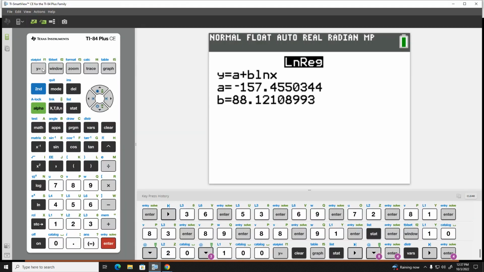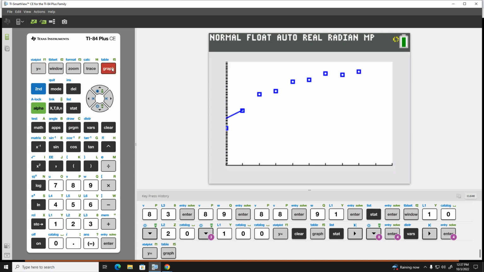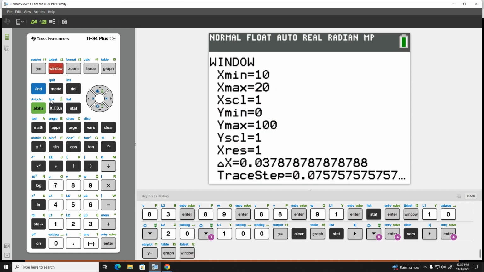I did store that on my calculator, so you see that in the y equals with all of its decimals, and I'll hit graph. I find that it doesn't fit overly well. Although it's concave down, it's just not perfect. I'm going to change my window a little bit to see a little bit further.